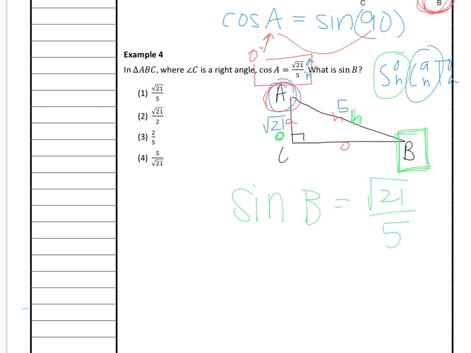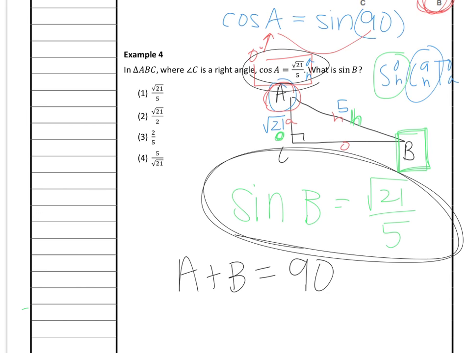We're saying again that cosine of A is equal to square root 21 over 5, and sine of B is equal to square root 21 over 5? Yeah, we're saying that. Because again, remember, if C is the right angle, then A plus B sum to 90. If they're complementary, then these two expressions must equal each other. Cosine of A must equal sine of B, meaning whatever the value of cosine of A is must be the same as the value of sine of B. So here we actually get to just choose choice 1.